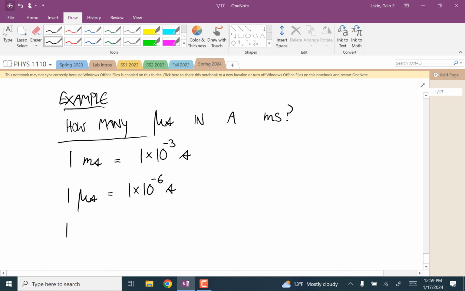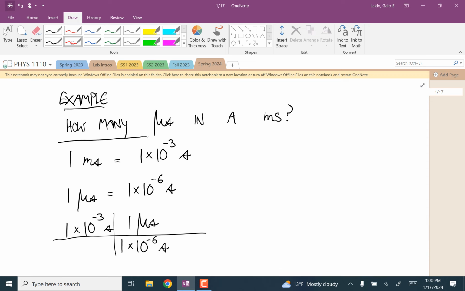And now I'm going to say 1 times 10 to the minus third seconds. I'm going to do a unit conversion with seconds in the denominator so that it cancels, and microseconds in the numerator. So you can see we're going to end up with microseconds like we want.